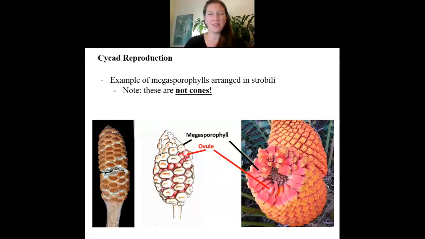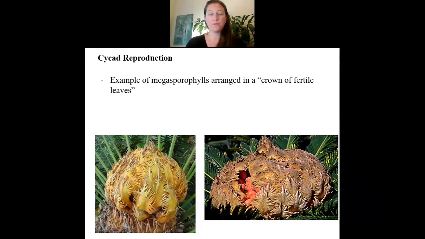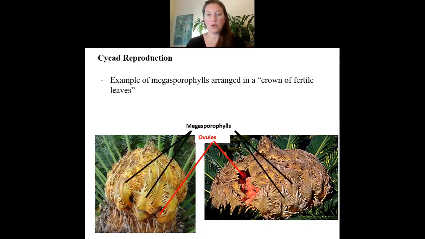And as I said, the leaves don't really look like how you would think a leaf looks like, right? They're modified to be very, very small. It doesn't look really like what you would normally call a leaf. But when the species of cycad has its megasporophylls arranged in a crown of fertile leaves, those leaves look more like leaves that you are used to seeing.